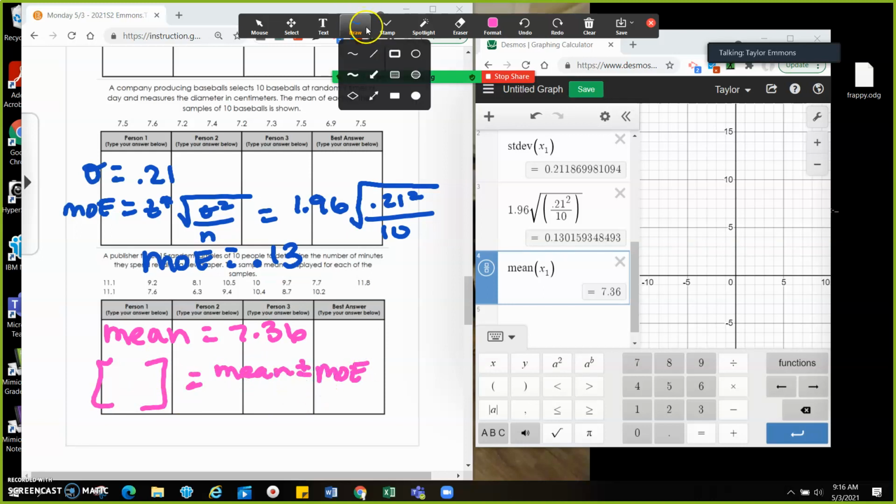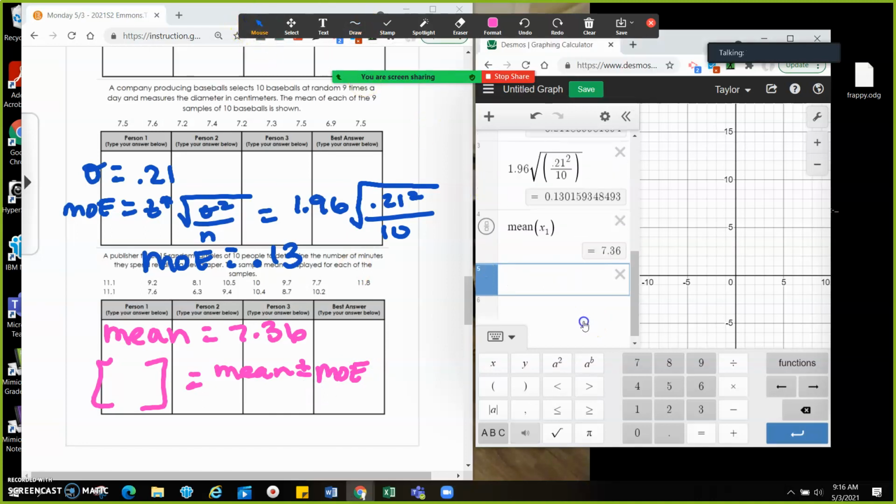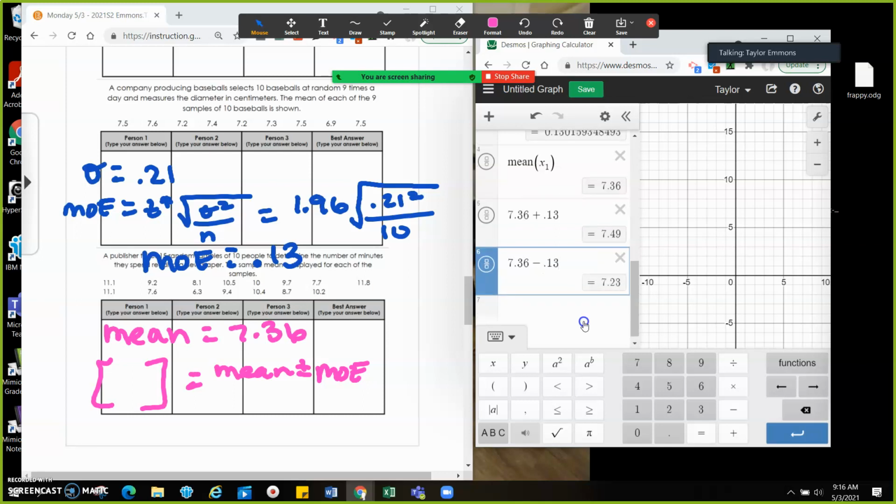So I take 7.36, add 0.13, and then take 7.36 and subtract 0.13, which gives us an interval of 7.23 to 7.49. So that means that the true mean is going to lie somewhere between these two numbers. It could be 7.3 or it could be another number.